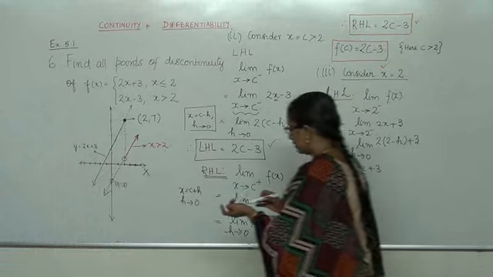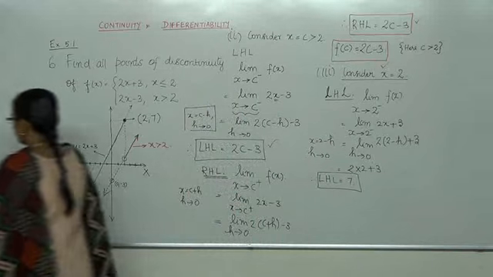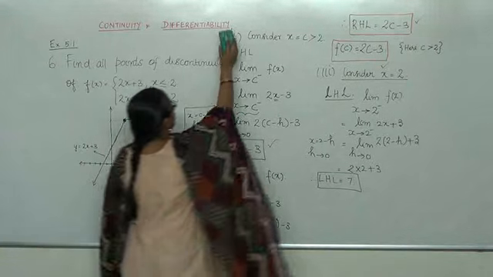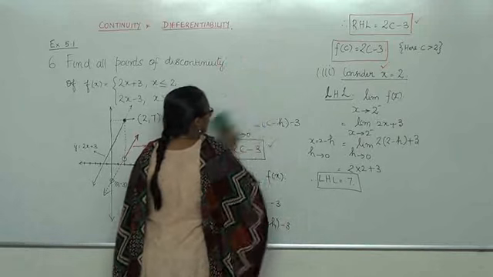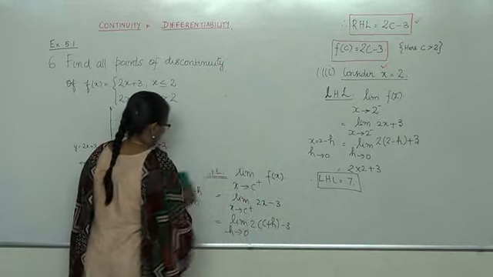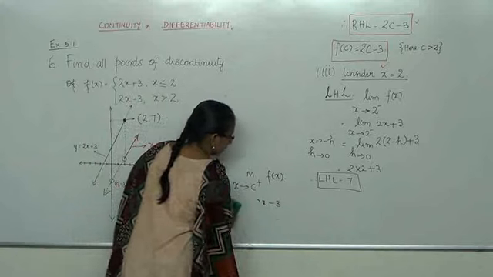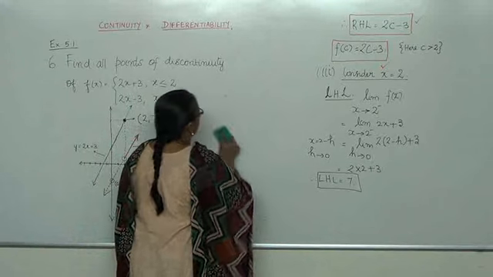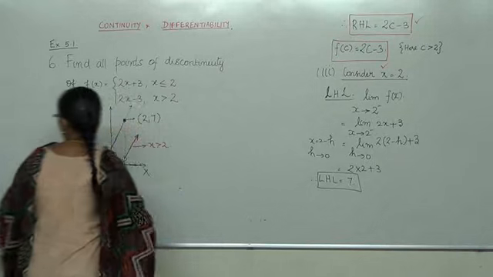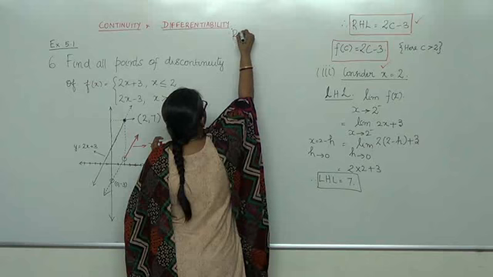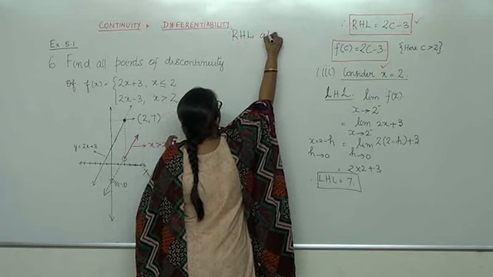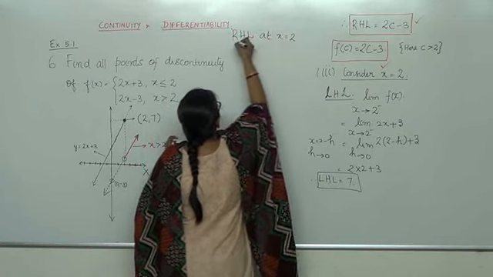Now we will do the right hand limit of the function at x is equal to 2. So we should now do the right hand limit at x is equal to 2.